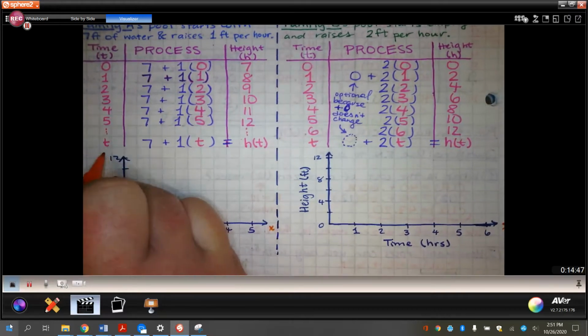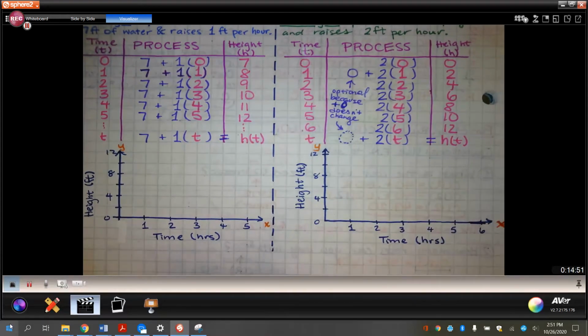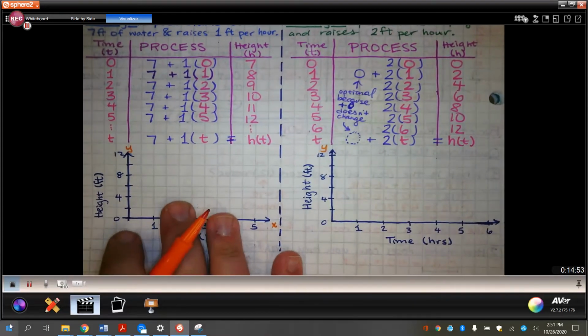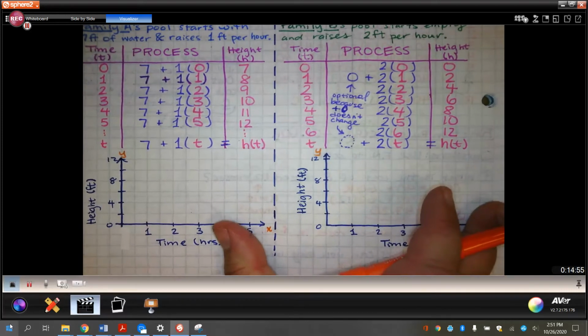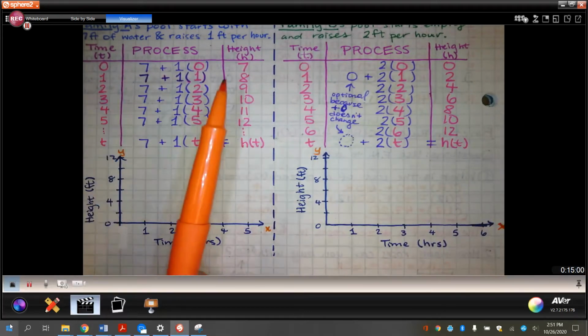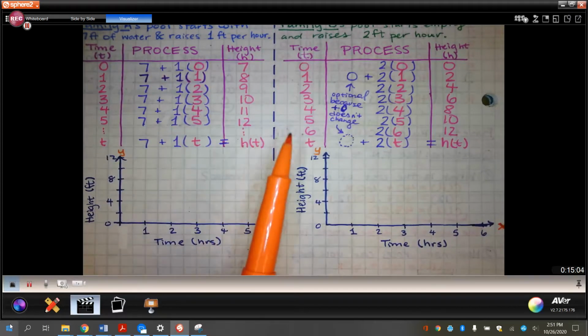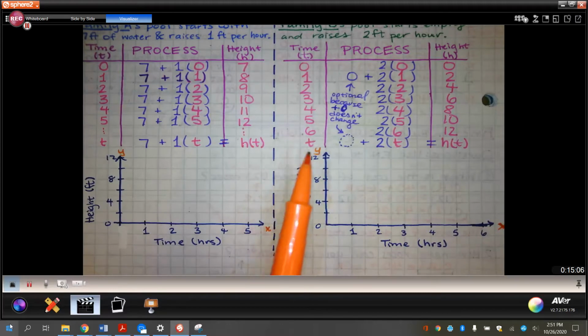Okay. And lastly, that I made sure to scale it to the numbers that were appropriate for this problem. So I know on this one, the x-axis goes out to 5 at a minimum, and this one goes up to 12, and then over here the x-axis needs to go to at least 6, and the y-axis needs to go to at least 12. Okay? So there we go, we have it set up.